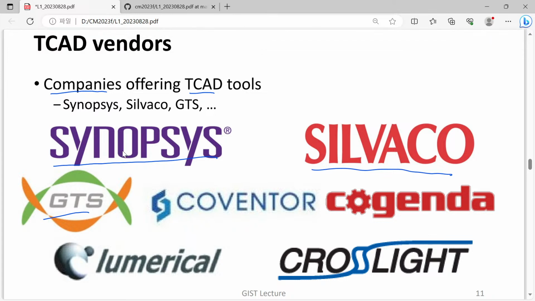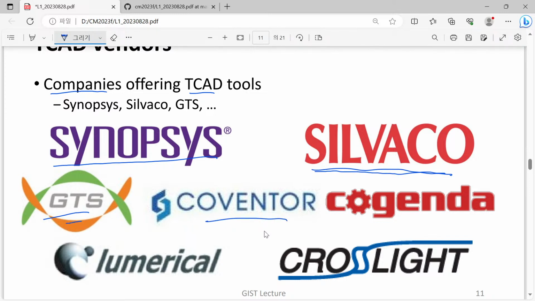Synopsys is not just a TCAD company. This is a kind of giant in EDA, not only in this TCAD field, but a wider field called EDA, electronic design automation. But anyway, there are relatively small companies, Silvaco, GTS, and Coventor.